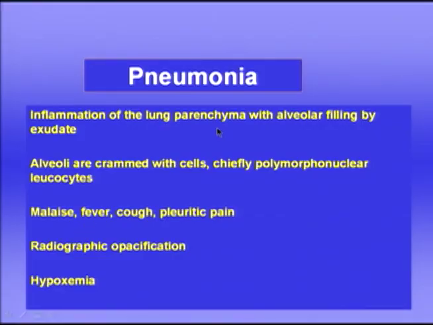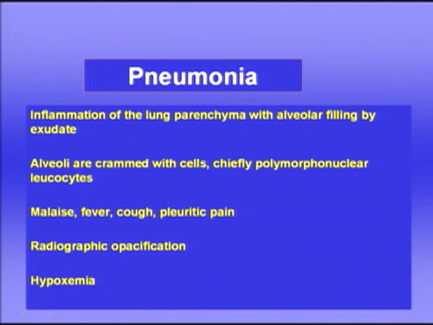It's an inflammation of the lung parenchyma, and it's characterized by filling of the alveoli with exudate. In fact, the alveoli are crammed with cells, chiefly polymorphonuclear leukocytes. The patient will usually have a fever, will have malaise, will feel off color, have a cough, and may have pleuritic pain.